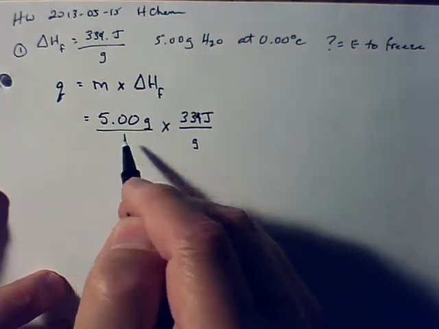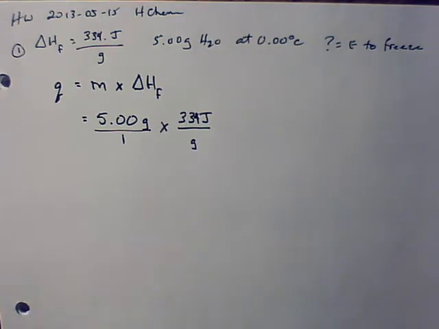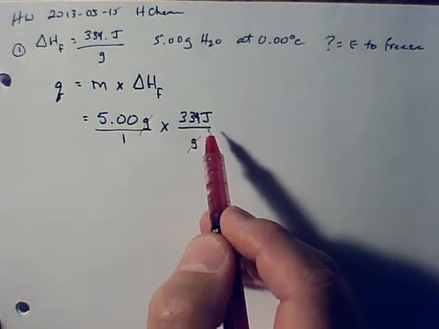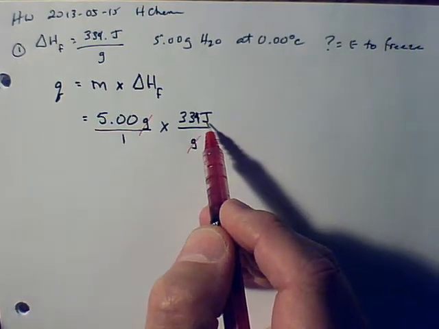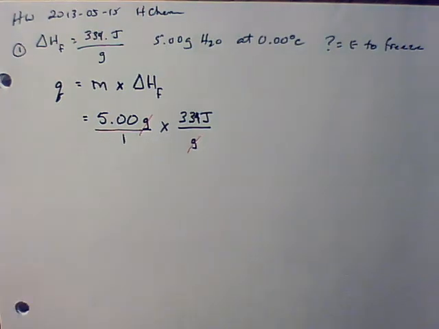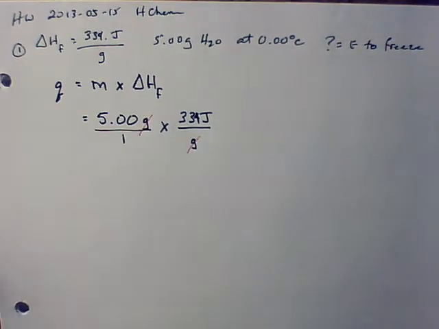And I've taught you to do this. Keep it all nice and straight and simple, nicely arranged so that we cancel out grams. And the units we're going to have left are joules, and joules measures energy. And this is the energy change. Usually it's heat. Okay? So all we got to do is the math here.